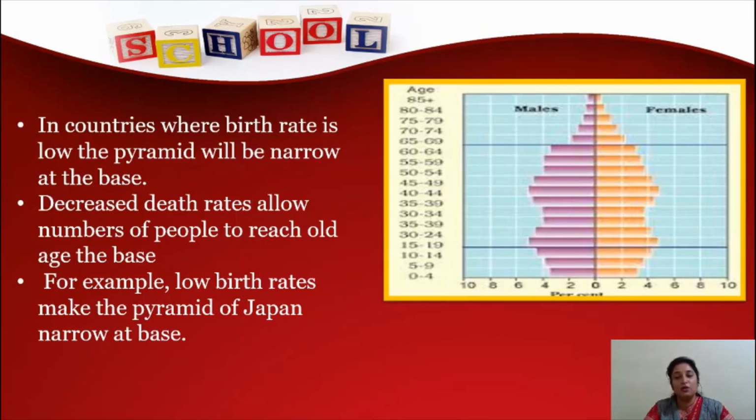All right, so the death rate is less, hence many people reach the old age. Hence we can say the life expectancy over here is good. Many people reach the old age. They live a long life. So for example, low birth rates make the pyramid of Japan narrow at the base. Now this model represents the structure of a developed country.